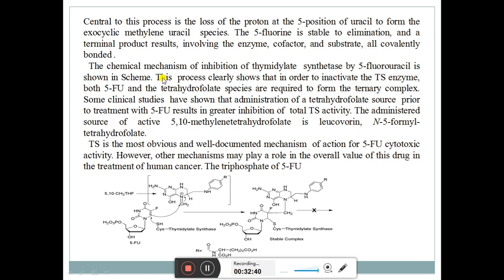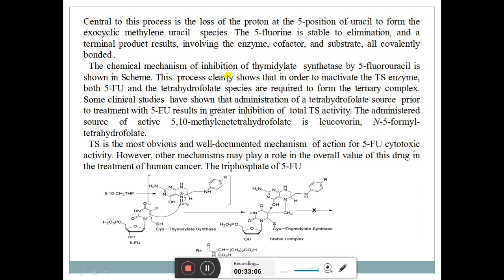The central point of this process is the loss of the proton at the fifth position of the uracil to form the exocyclic methylene uracil species. The 5-fluorine is stable to the elimination, and the terminal product results involving the enzyme, cofactor and substrate, all covalently bonded together.